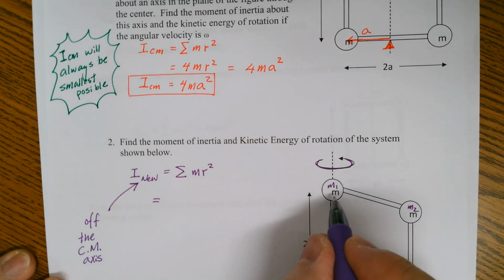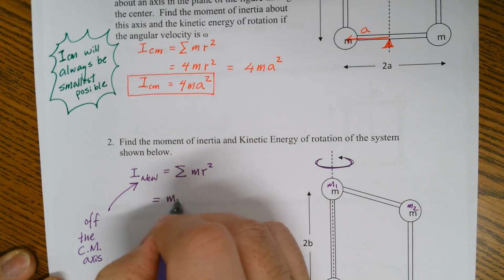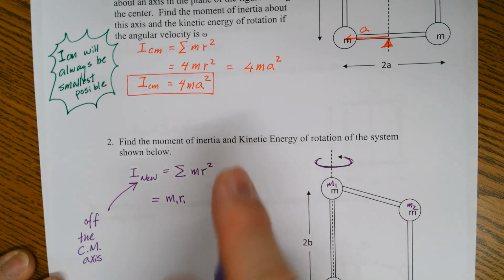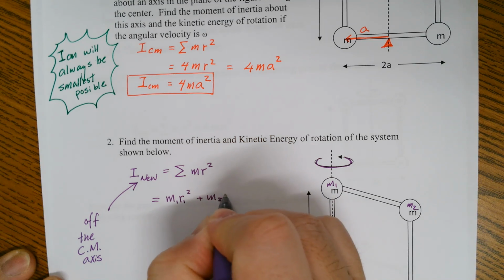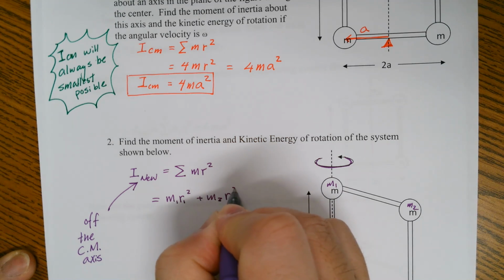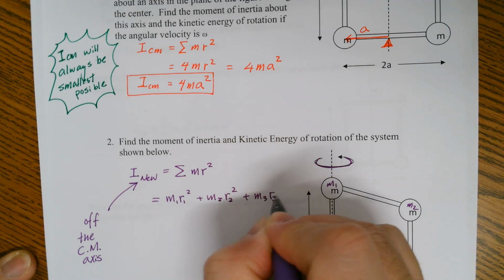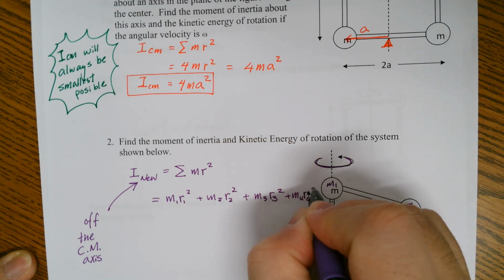So M1 has R1, which is 0, plus M2 R2 squared, plus M3 R3 squared, plus M4 R4 squared.